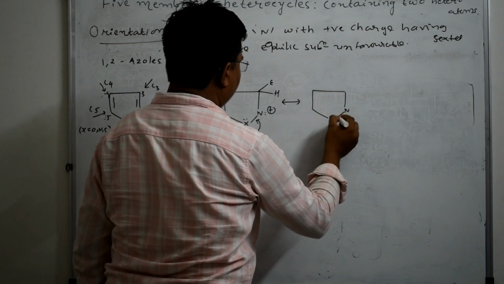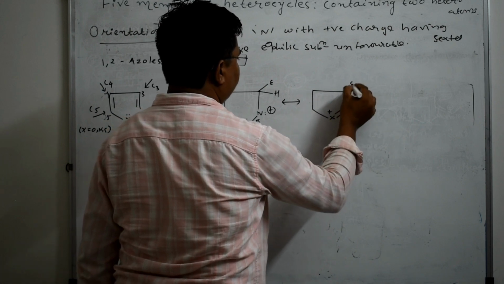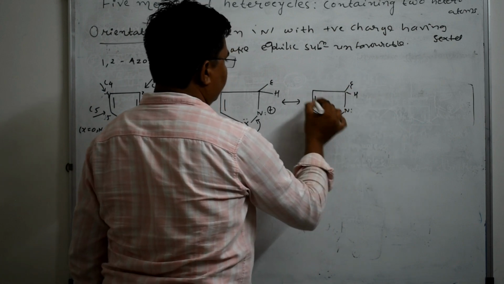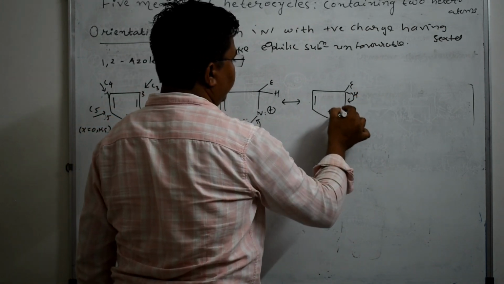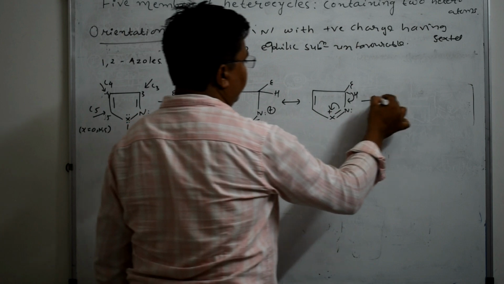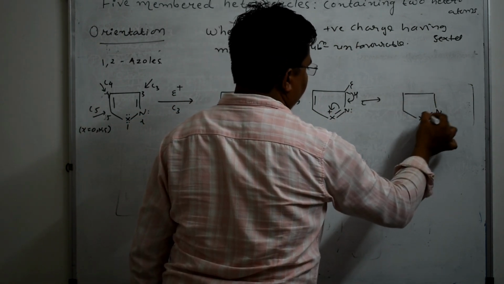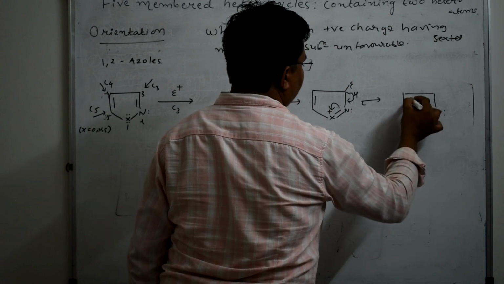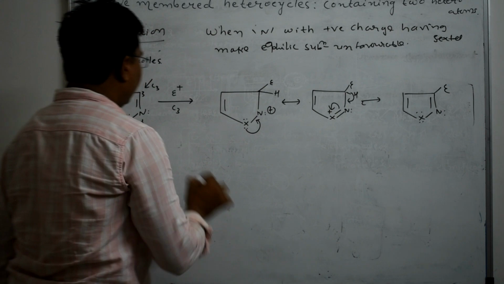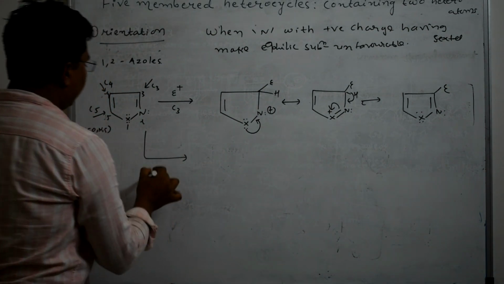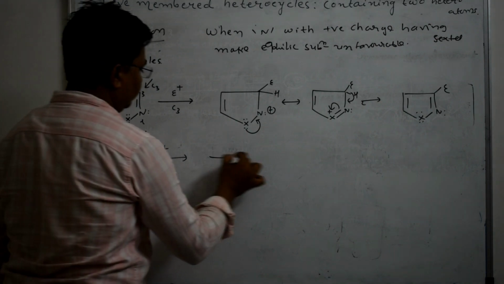This type of resonating structure. So here this hydrogen will be eliminated and it will give this resonating structure with the electrophile. Now if the attack takes place on the C4 position, then what happens?